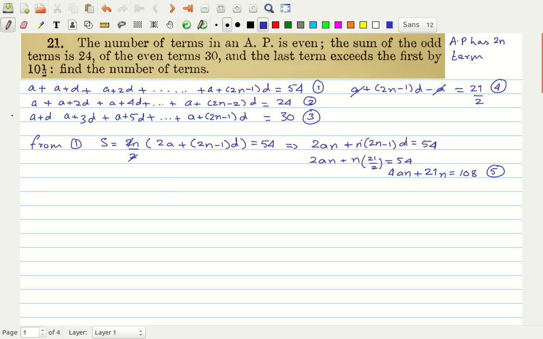Now from 2, notice that this is also in arithmetic progression, right?